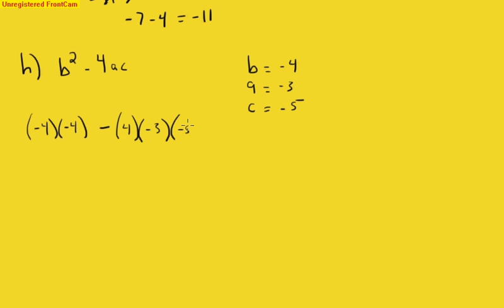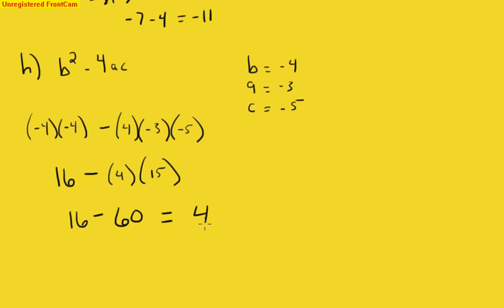C is negative 5. Negative 4 times negative 4 is 16. Minus, let's leave the 4 and take care of negative 3 times negative 5, positive 15. 4 times 15 is 60. 16 minus 60 is negative 44.